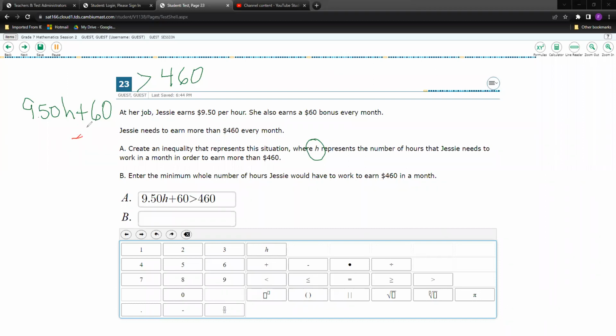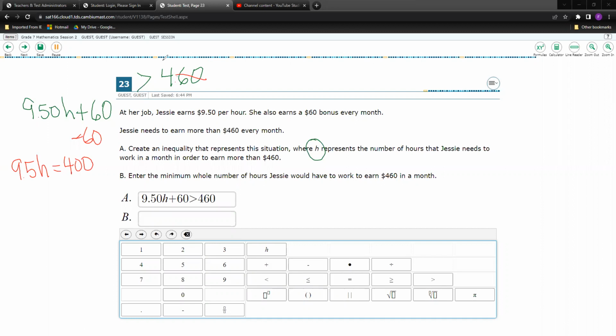So let's take away 60 from there and 60 from here, and that's 400. So 9.50H is greater than 400. That was easy, to subtract 60 from 460, 400.